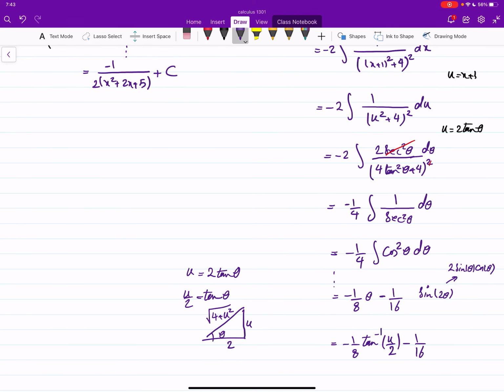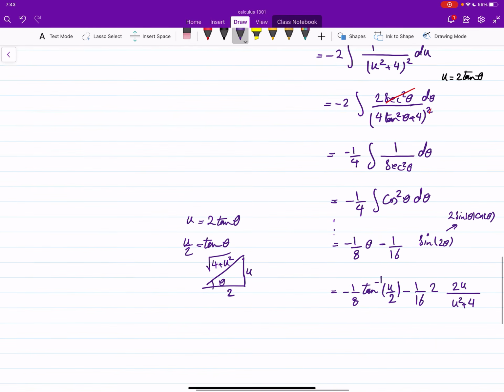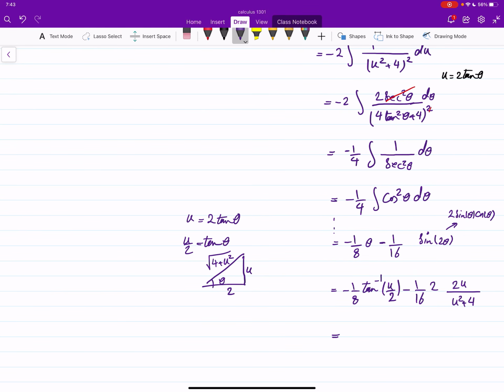This will give me 2, and then a sine is going to be u over that, and then there will be another cosine. This will be 2u over (u² + 4). There are simplifications that need to be done, and I'm hoping that I haven't done anything stupid somewhere there.